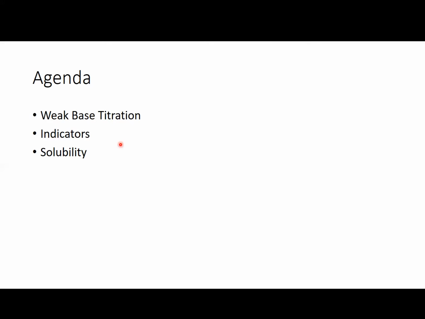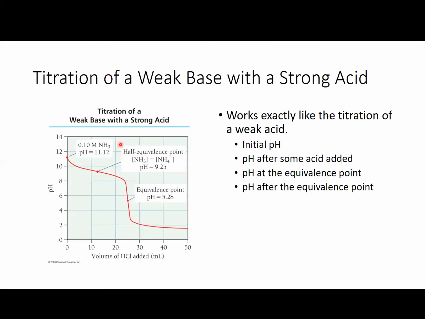Appreciate it. So let's start with the weak base titration. The weak base titration works exactly like the titration of a weak acid. The only thing that you have to keep track of is your map. There are all the same landmarks that you're used to seeing: the initial pH, the pH after some acid's been added, the pH at the equivalence point, and the pH after the equivalence point.